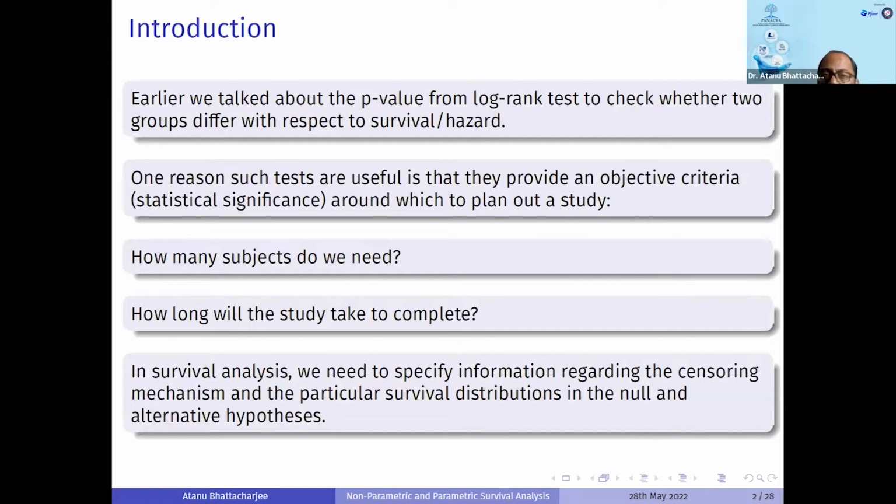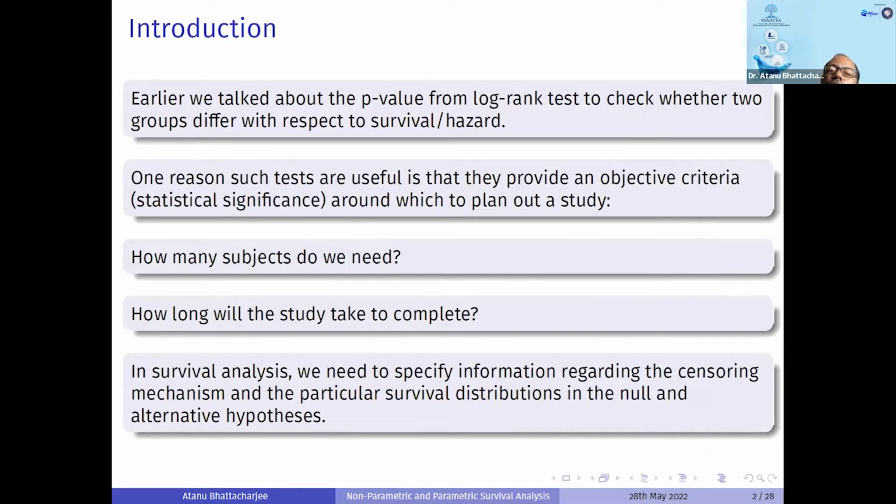We have seen earlier the p-value for the log-rank test to check whether two groups differ with respect to each other or not in survival analysis. One reason such tests are useful is that they provide objective criteria, statistical significance, around which to plan a study.